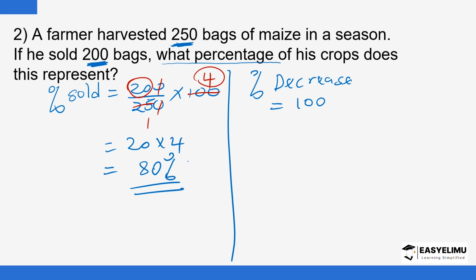Actually, this becomes the decrease, whatever we have calculated here, because what we had was 250 and now we have 200 bags sold. So what is sold in this case becomes the percentage decrease. The number of bags is reduced by 200. So that becomes the decrease. Take note of that.